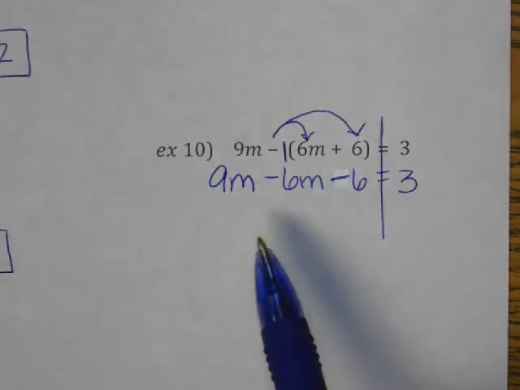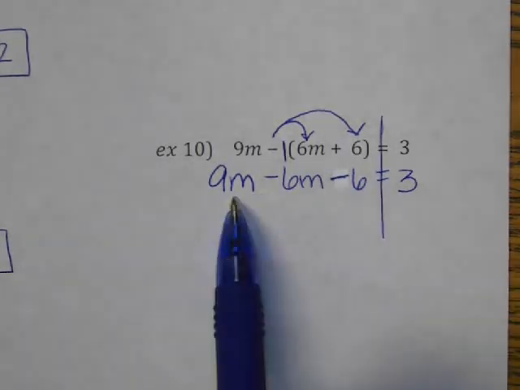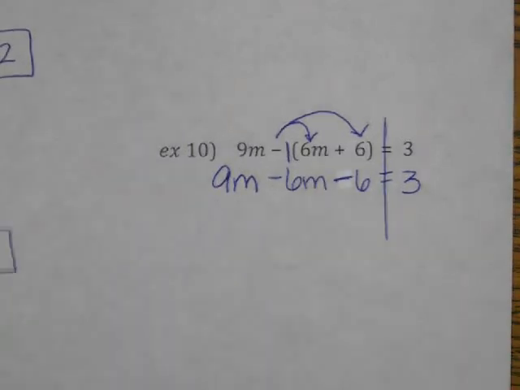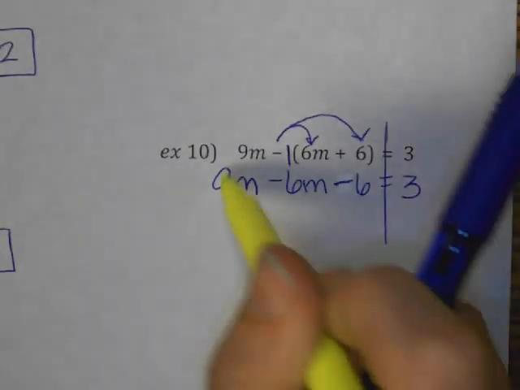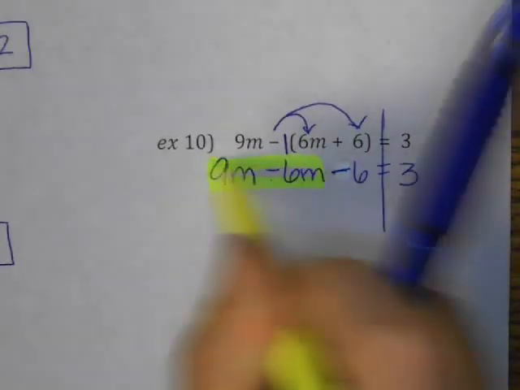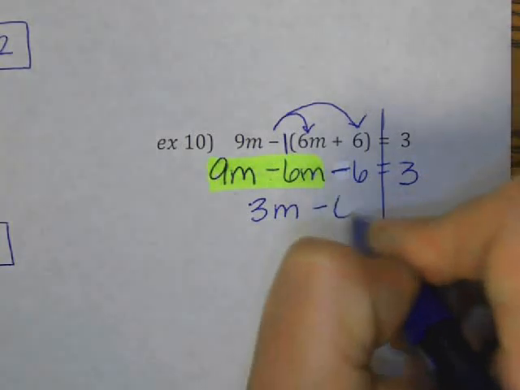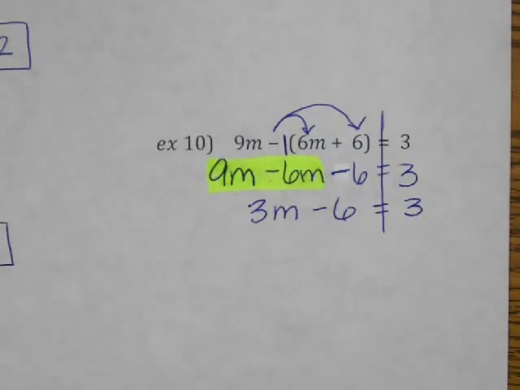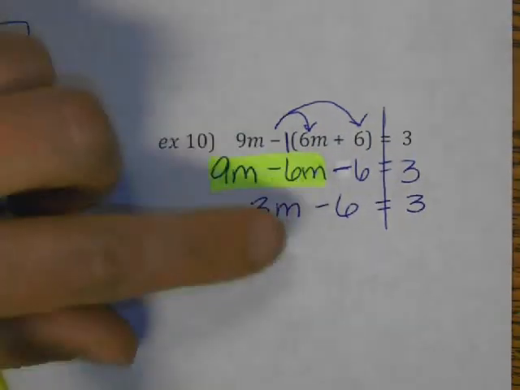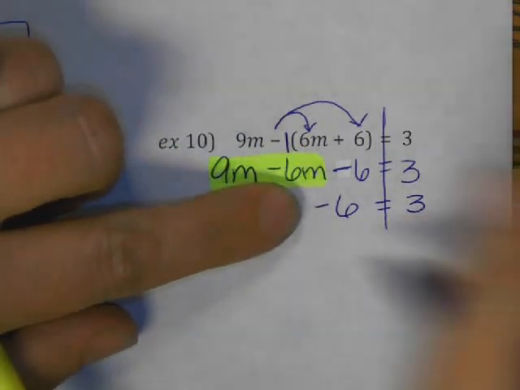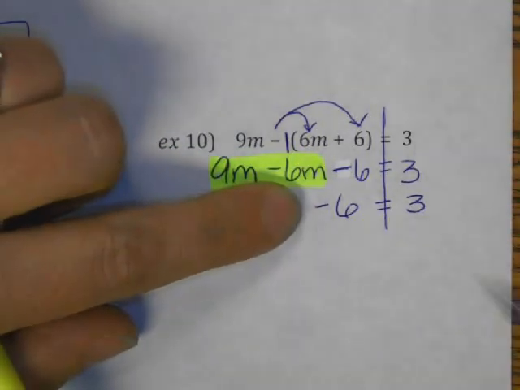Now I combine like terms. 9m minus 6m is 3m. So I'm going to put these two terms together, and I'm going to get 3m minus 6 equals 3. And then I have to cover up my m and see if I can get my constant to the other side.